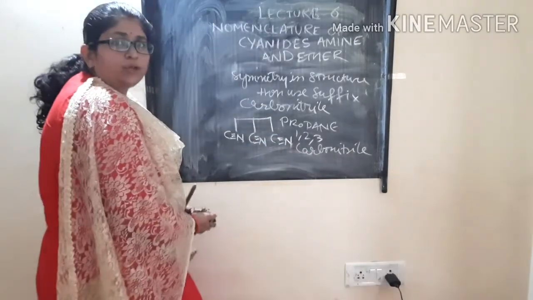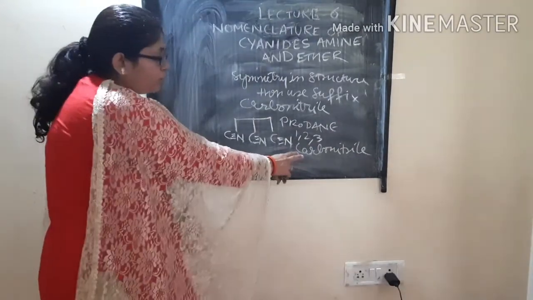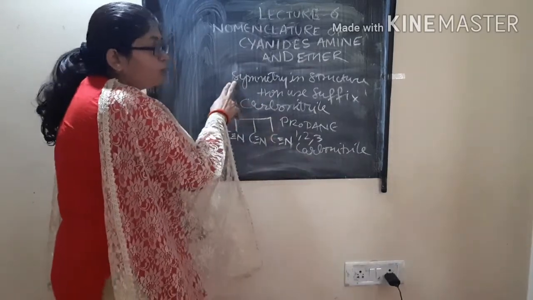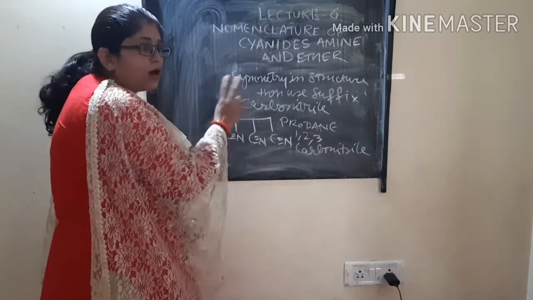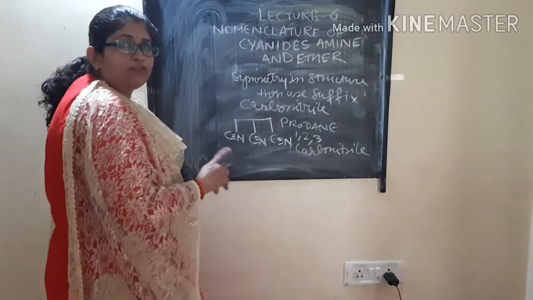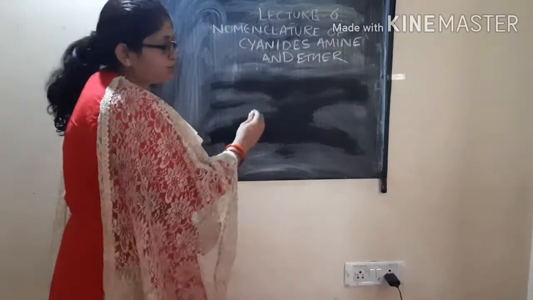Let us take one more example. So you need to distinguish when you will be naming this as carbonitrile, what is symmetry and how to differ between symmetrical and non-symmetrical. That will be clear to you with another example. Please note it down. Look here, students.